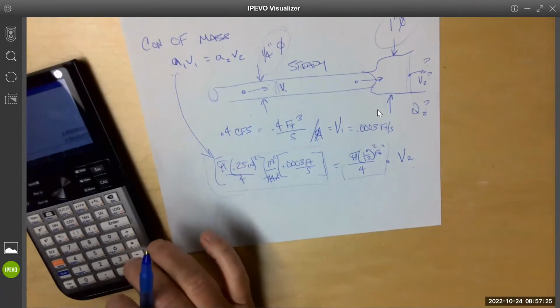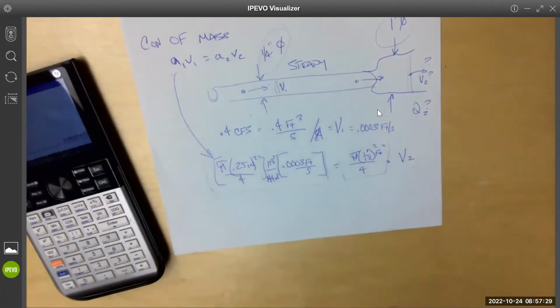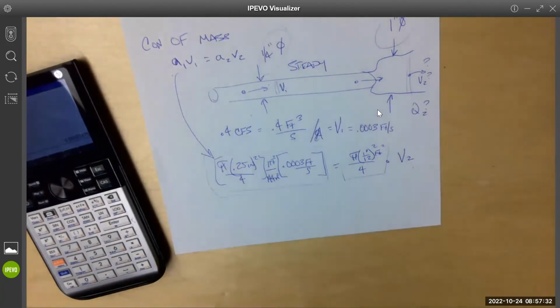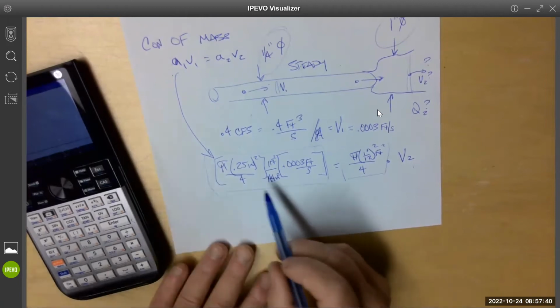Got a pretty tiny number. It's supposed to be smaller than V1. Oh, absolutely going to be smaller. Yep. So what'd you get for the number on this side?